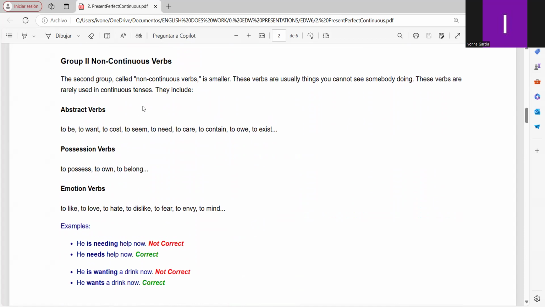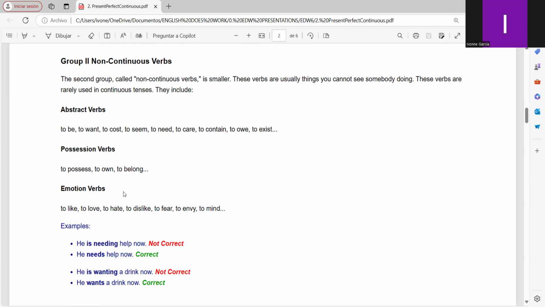Remember the abstract verbs, the possession verbs, the emotion verbs. Okay, here we have some. To be, to want, to cause, to seem, to need, to care, to contain, to owe, to exist, to possess, to own, to belong, to like, to love, to hate, to dislike, to fear, to invite, to mind.